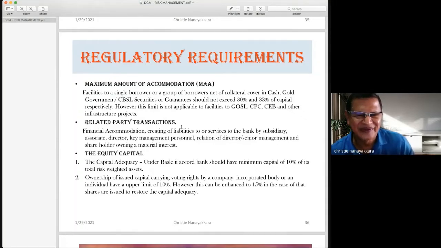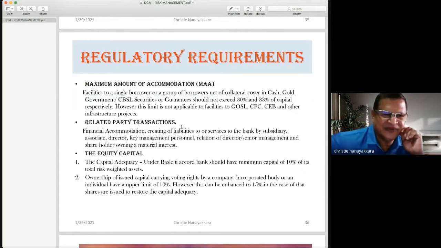This limit is given whether you are a single borrower or a group of companies. They say facilities to a single borrower or group of borrowers, net of collateral covered by cash, gold, government and CBSL securities or guarantees, should not exceed 30% and 33% of capital respectively.